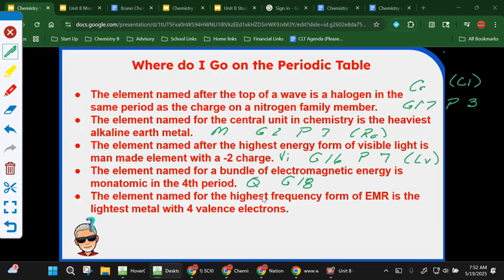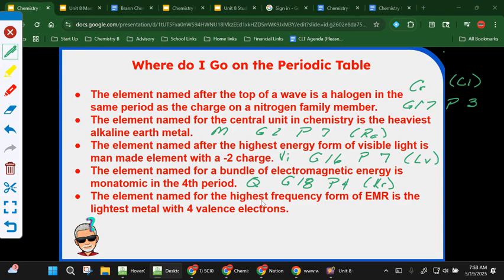Under group 18, we wrote stable, inert, unreactive, monatomic. Now, what period would it be? Period 4 tells us that. So what element is in group 18, period 4? Kr, krypton.